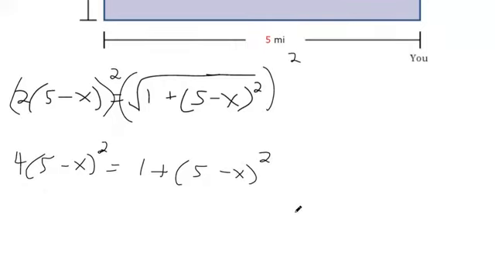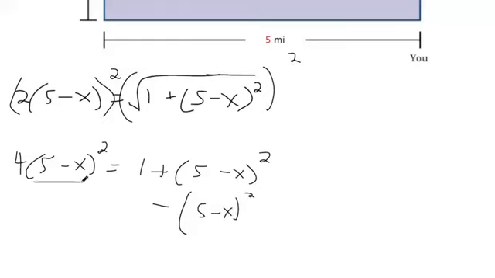Okay, getting closer. Now trying to see if we can avoid expanding those parentheses. I don't know if we can avoid it. Yeah, we can. Here, because look, I'm going to subtract 5 minus x squared from both sides because these are like terms.